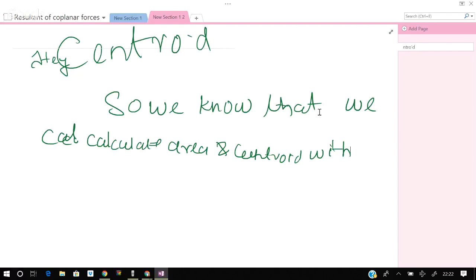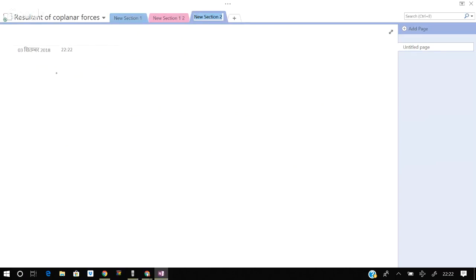Two things which you need to remember. So, this is our x-axis and this is our y-axis.